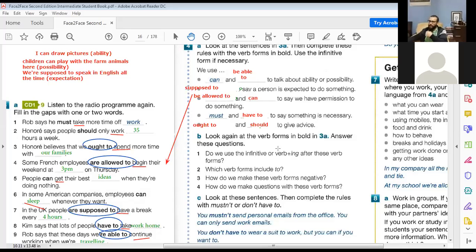What about ought to? Not ought to. I think it's like you have to.